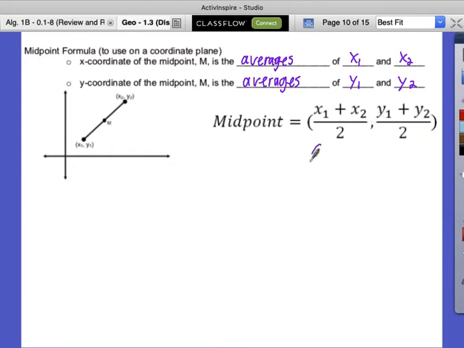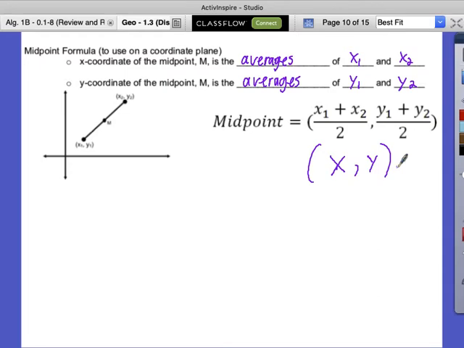This is written as a point, x comma y. There's a comma there. So whatever you get as the average of the x's is our x for the midpoint, and whatever you get for the average of the y's, y1 plus y2 divided by 2, is going to be our y-coordinate.